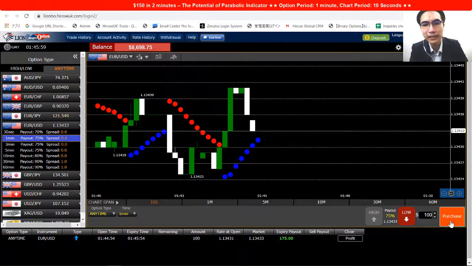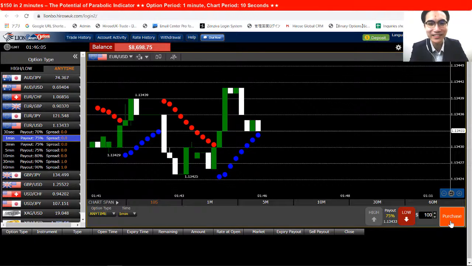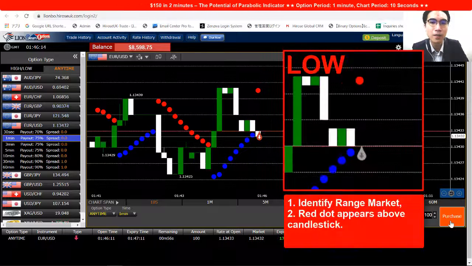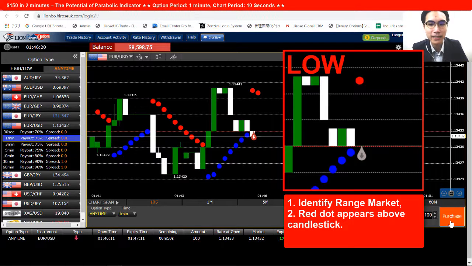I'm just gonna stay here because I think the red dot is gonna appear above the candlestick soon. Just wait a bit here, and we will open another trade. Okay, the red dot appeared on top of the candlestick, and it's a good timing for me to enter the market.